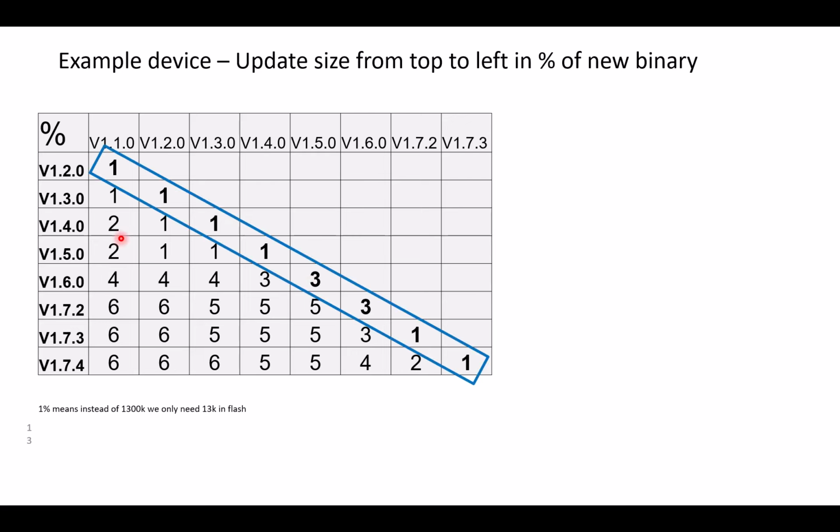Okay, so what does it mean? This one is usually what you take when you install each update on a device. Obviously, if you didn't update for a long time and you're still on the very old one, and 5 years later you want to update to the latest and greatest, then this one gets bigger.